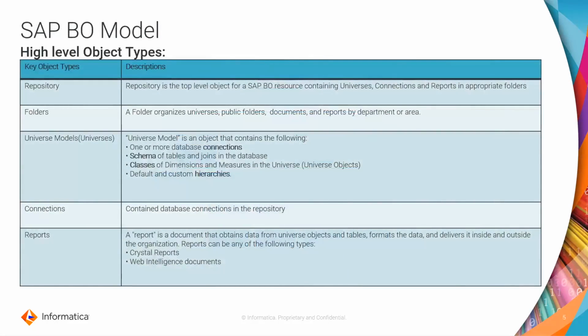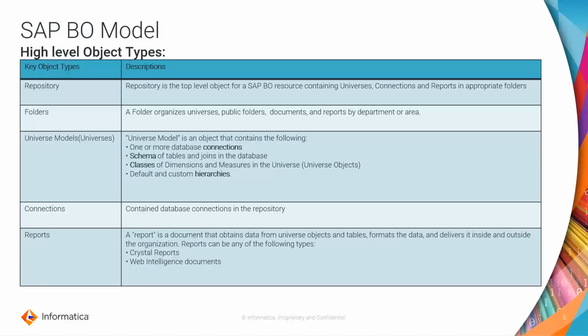And this slide explains the SAP BO model and key object types that SAP BO holds. The first one is repository. The repository is the top level object for a SAP BO resource containing universes, connections, and reports in appropriate folders. The next item is folders. A folder organizes universes, public folders, documents, and reports by department or area.